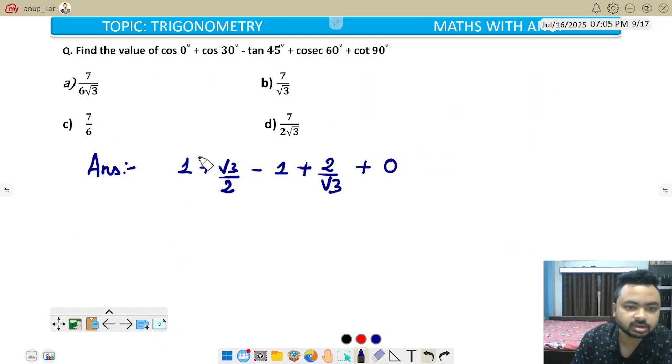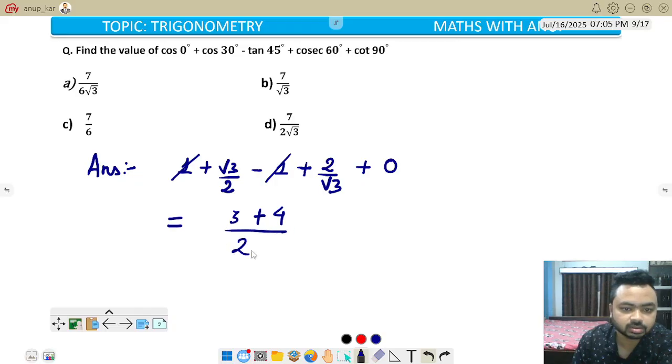So if we solve it, 1 and 1 get cancelled out, and here if we take the LCM, root 3 into root 3 is 3, plus 2 into 2 is 4, by 2 root 3. So it is nothing but 7 by 2 root 3.